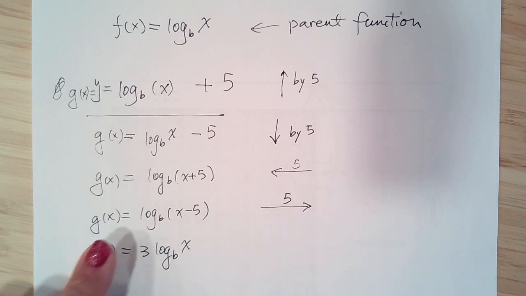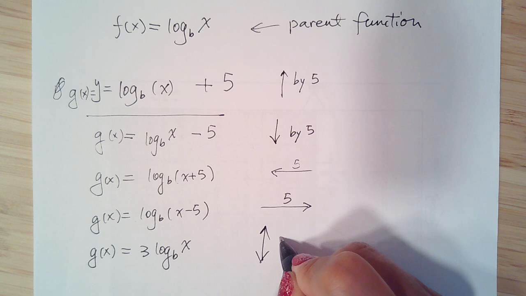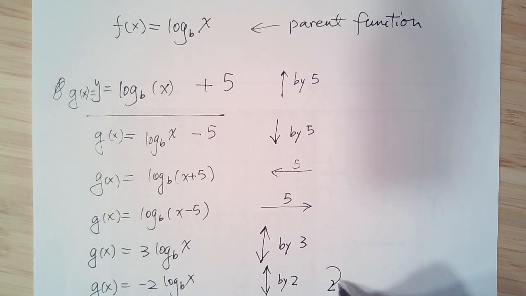Here is the parent function. Now you stretch vertically by 3. And if I do g of x equals negative 2 log base b of x, from the parent function, you're going to stretch by a factor of 2, and then you're going to flip along the x-axis. This flip comes from this negative.